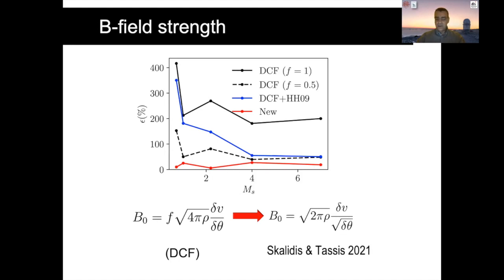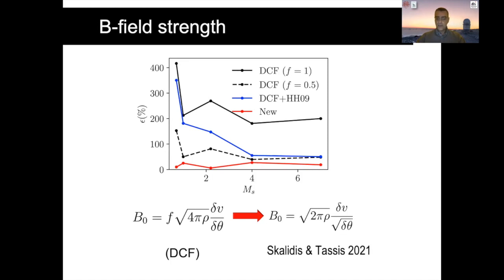And it's not very accurate when tested against simulations of supersonic MHD flows, which are conditions relevant to the interstellar clouds. The black solid line, marked F equals 1 here, shows the relative deviation of the Davis-Chandrasekhar-Fermi estimated magnetic field strength from the true value in 5 different MHD simulation models of different Mach numbers marked on the x-axis.